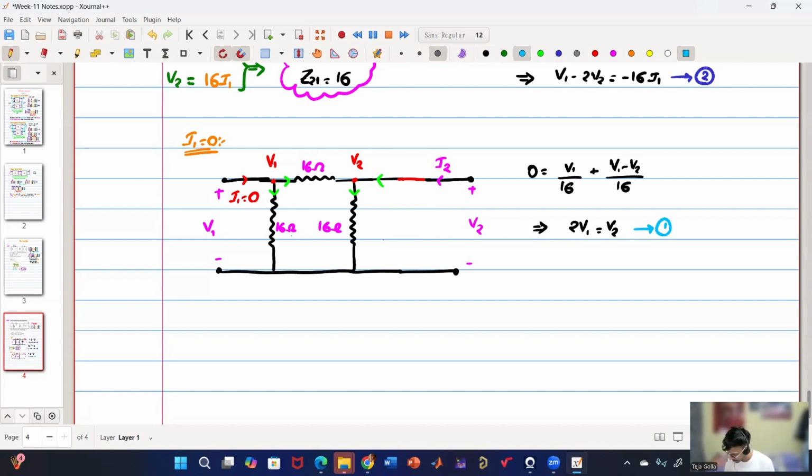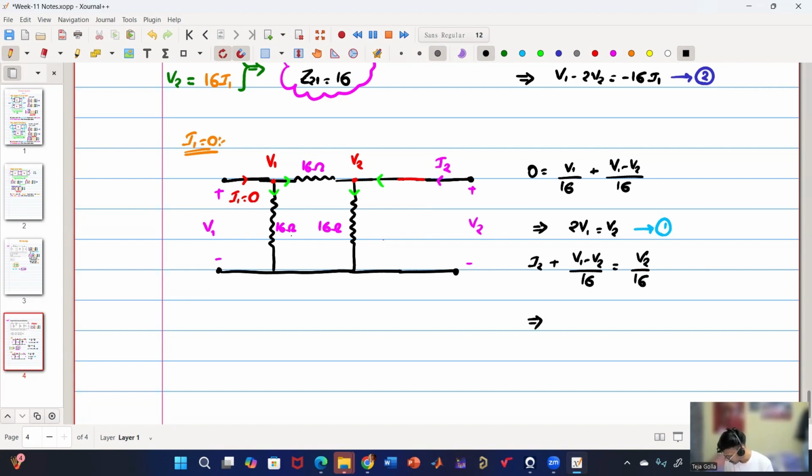I2 is equal to V1 minus V2 by 16 plus V2 by 16.